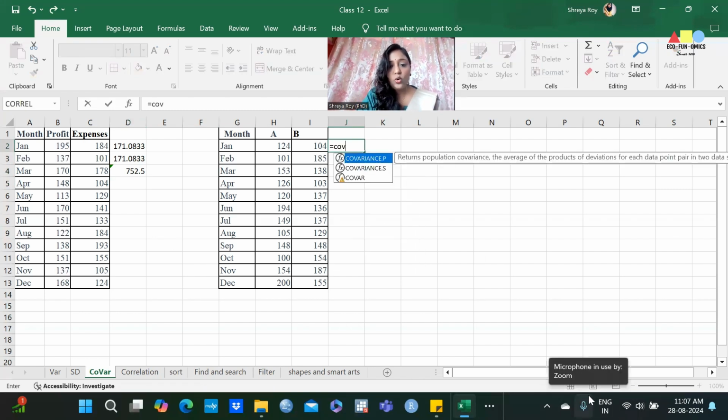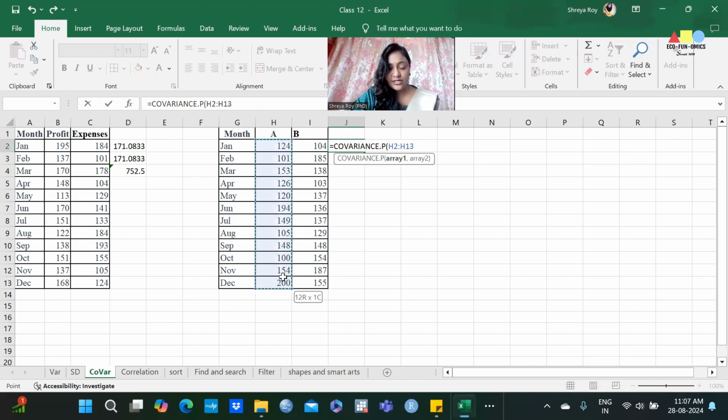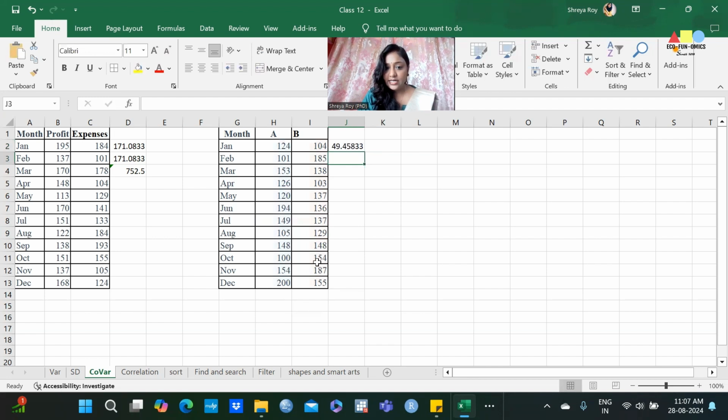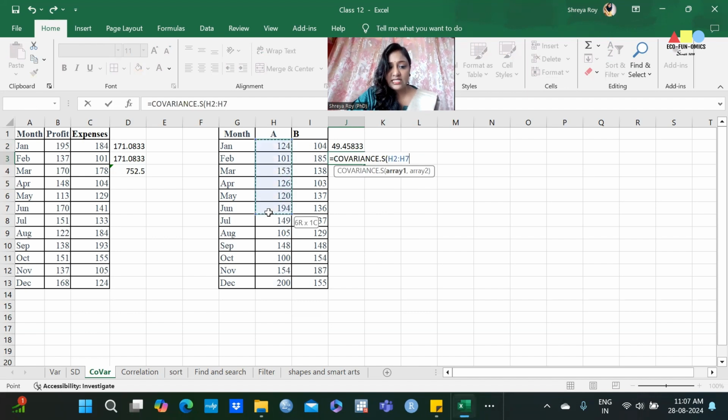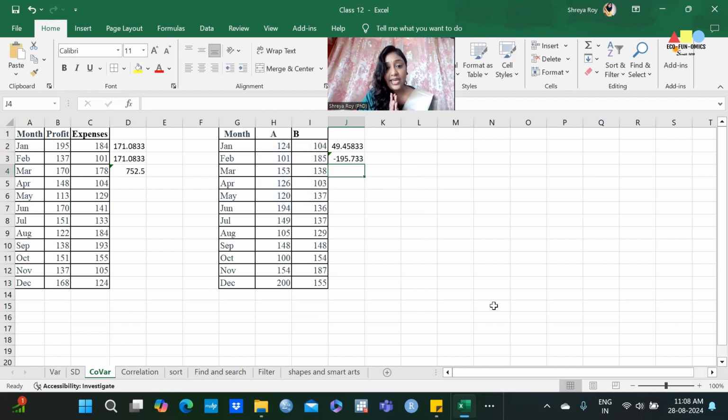Is equal to covariance population, select the entire data, comma, select the second data, close bracket, and enter. Is equal to covariance sample, select 6 months, comma, select the second 6 months, and then close bracket and enter.